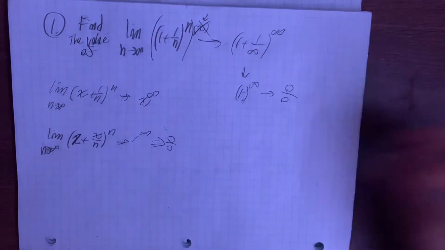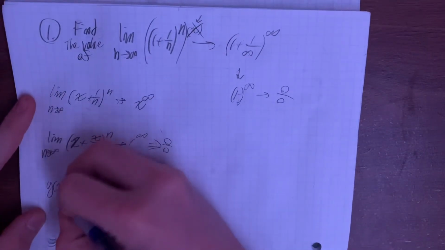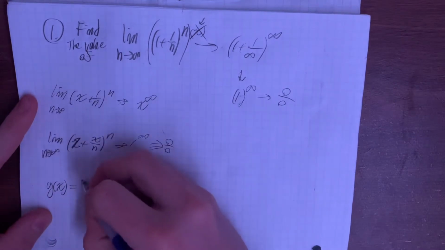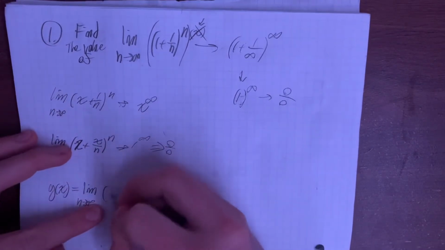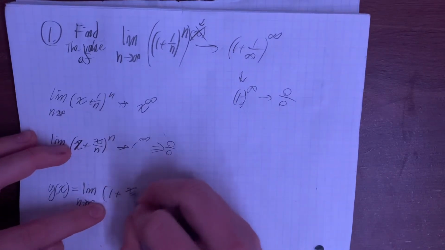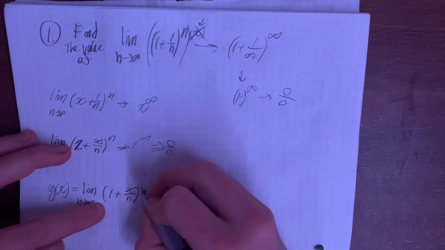So we've come up with a function of x. We'll call it y of x, equal to the limit as n goes to infinity of (1 plus x over n) to the nth power.